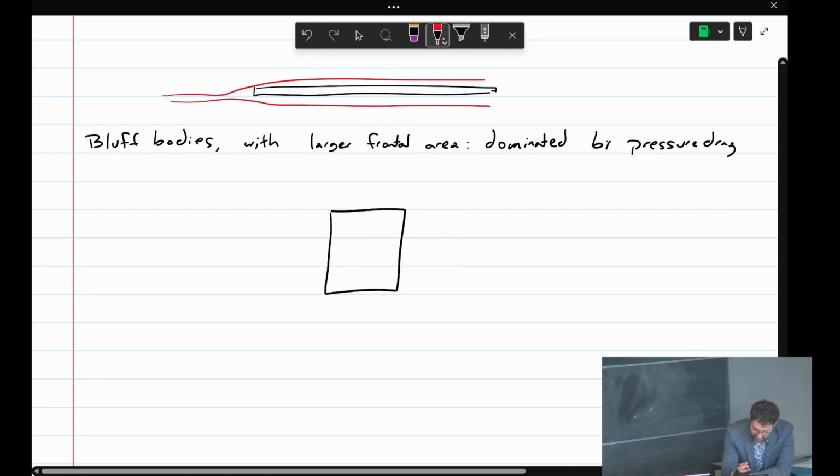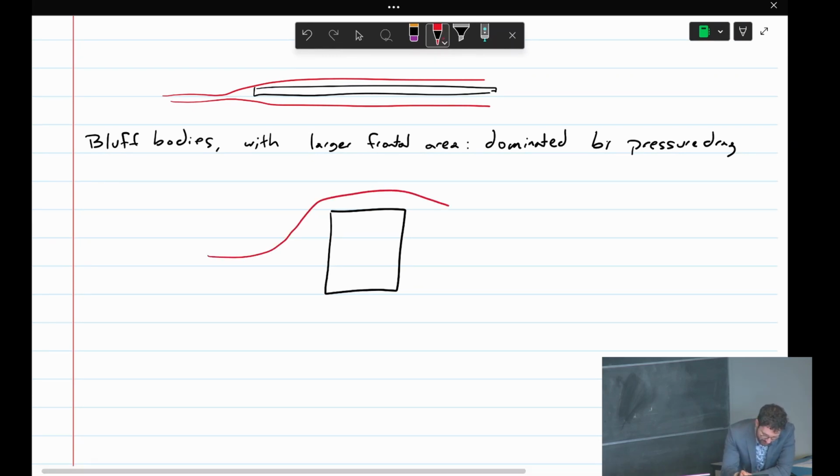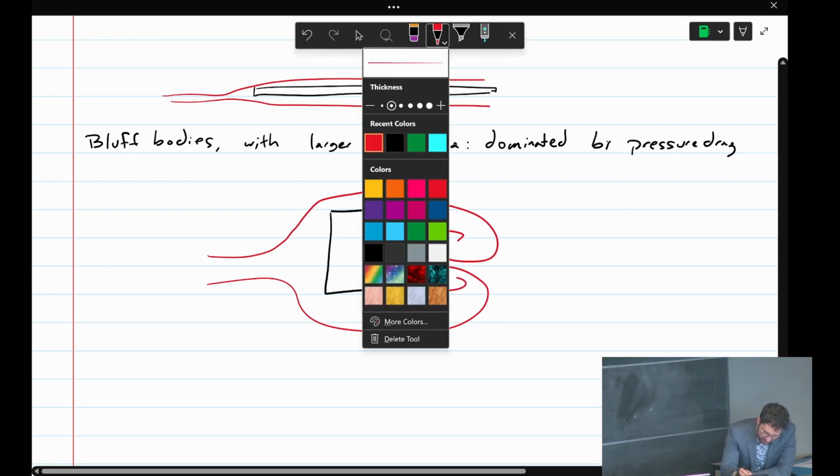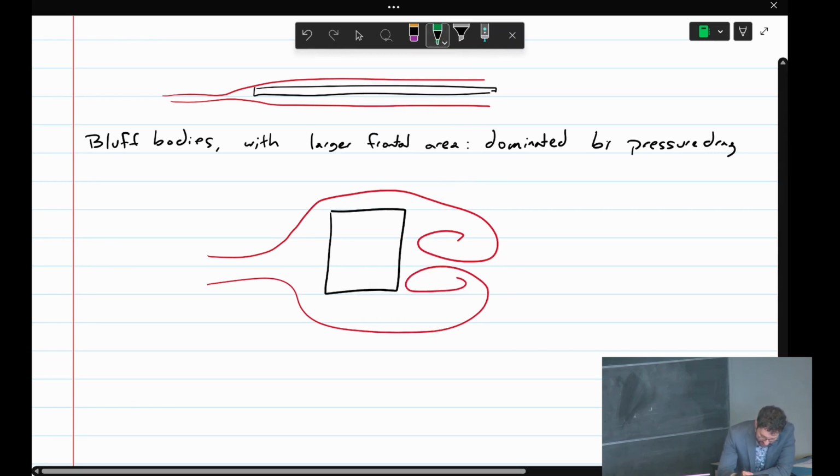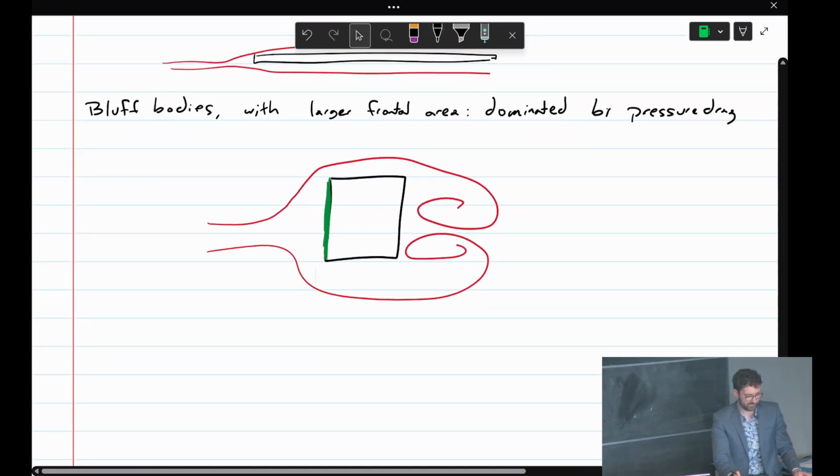This is a bluff body. It's not very smooth, and it has a large frontal area. So the flow comes over and rolls behind it. The frontal area I'm talking about is this area that the flow sees when it's coming at it. So the aerodynamics of this body is dominated by pressure drag.